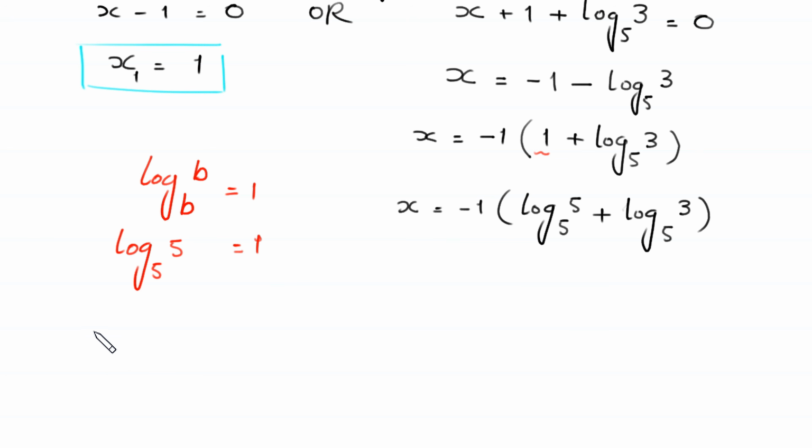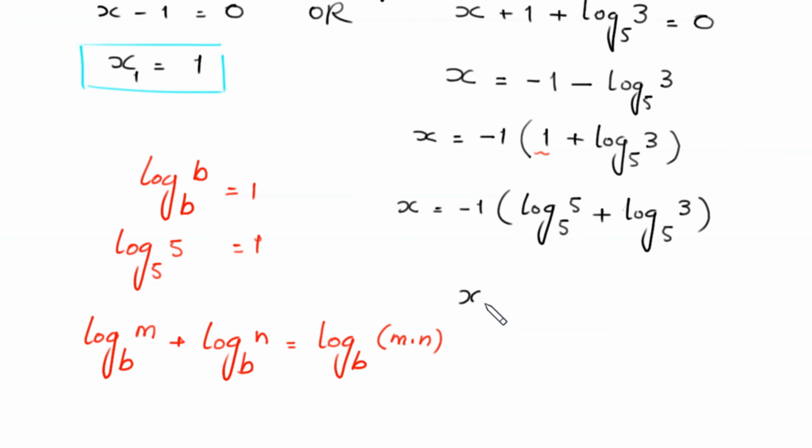Now by using this log property, log base b of m plus log base b of n is equal to log base b of m times n. This will become x is equal to negative 1 times log base 5 of 5 times 3.